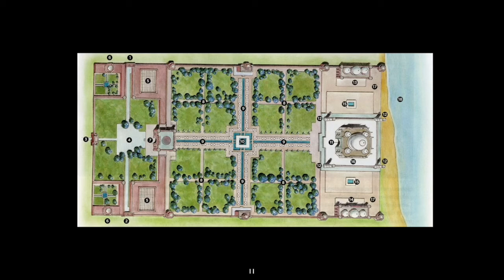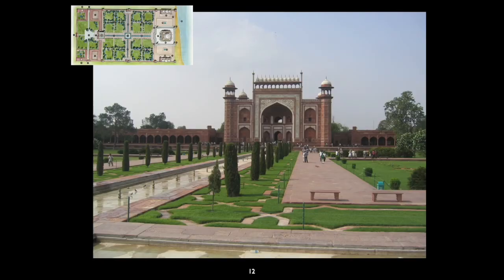So as you approach the Taj Mahal, you may have caught a glimpse of it, but you really don't get the full impression of it until you walk through this gatehouse. Here is the gatehouse, as you can see here on the map.